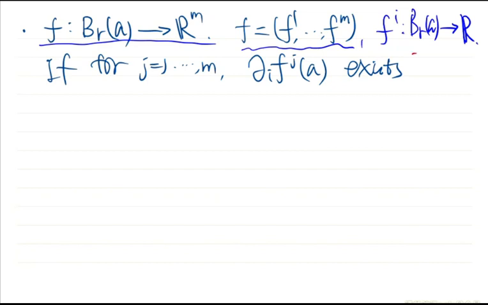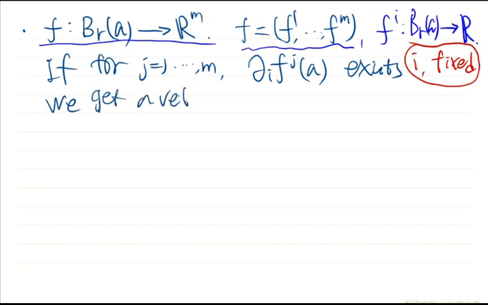I is fixed. Remember, I is fixed. Fixing this I, we consider j equal to 1, 2, until m. If all these partial derivatives exist, we can have a vector, denoted by D_i f(A), just like our previous notation.